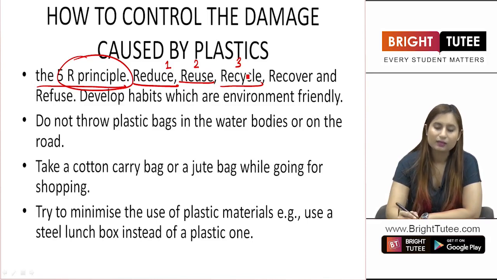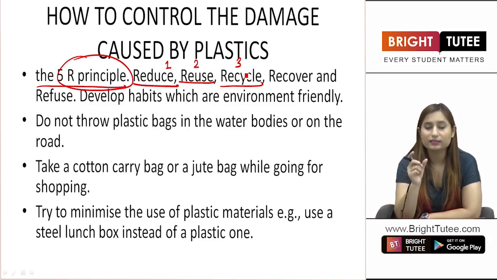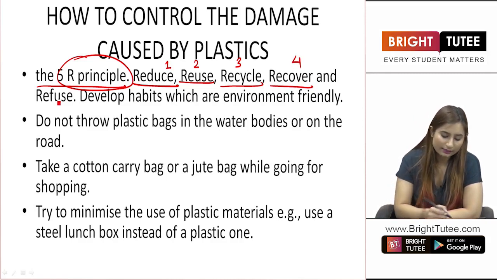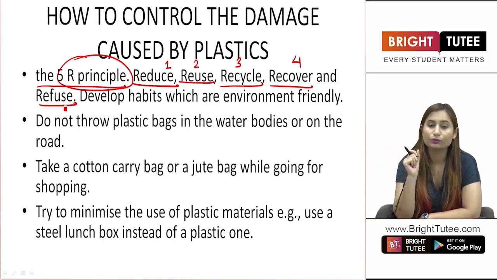Then recycle. Once you are done with the article, you must recycle it so that it does not cause any harm to our environment. It remains in the use of the people. Then recover. And then refuse. Refuse means that we are totally refusing the use of plastics.